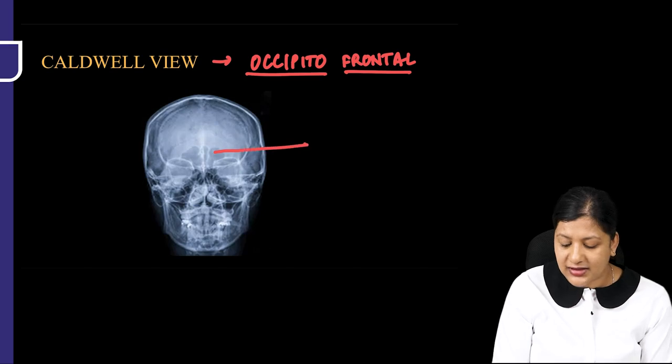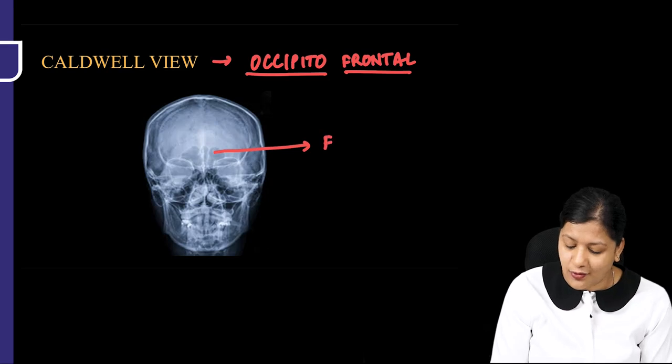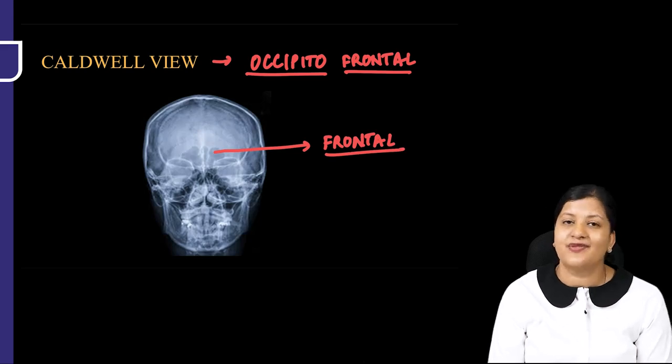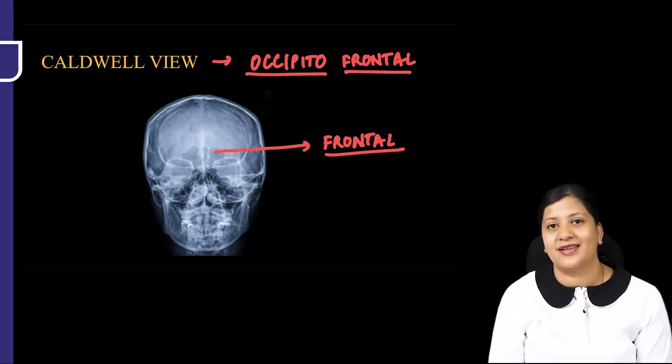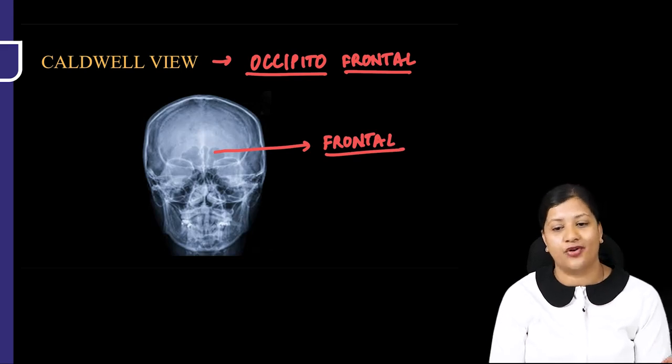The sinus that is of interest in this view is going to be your frontal sinus. So Caldwell's view is used whenever you want to visualize the frontal sinus, whereas Waters view is used whenever you want to visualize the maxillary sinus. So these are two common views that we use in terms of maxillary and frontal sinus.